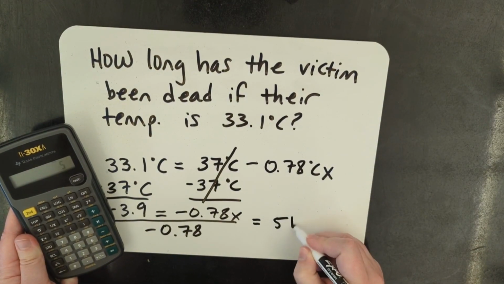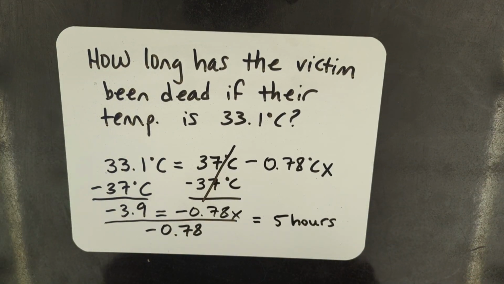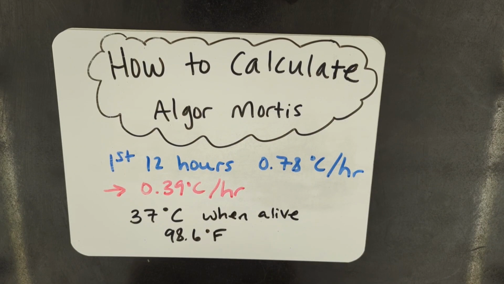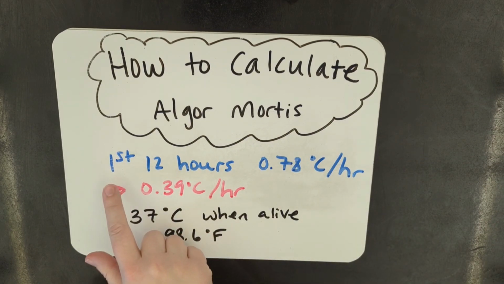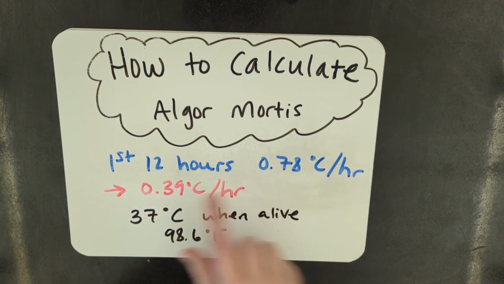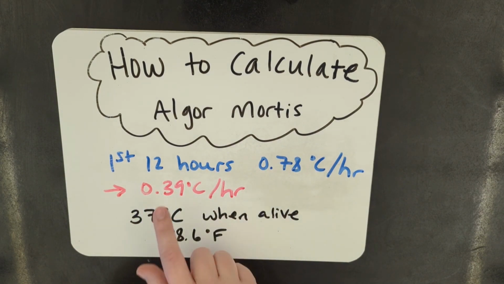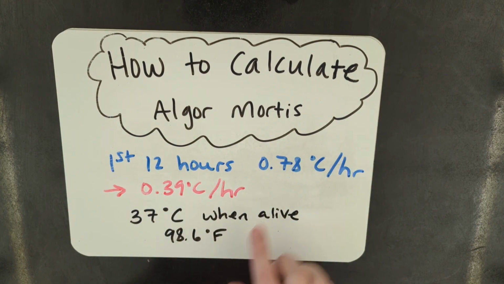So 5 hours ago is when they died. Remember, this is only helpful for that equation because this was within the first 12 hours. They were only dead for 5 hours. So what happens if they've been dead for more than that, because they aren't cooling at the same rate the entire time? Well, let's try that out.